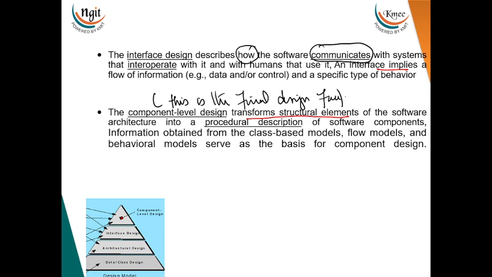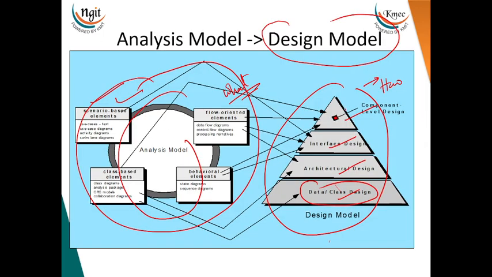And the top level is where you see everything. This is the final design, process design, software component, informing about how the classes are there, how the flow is there, how the behavior models are, all those things. When I am here, I can see all those things. This is my top order.